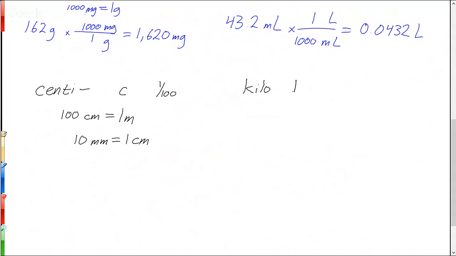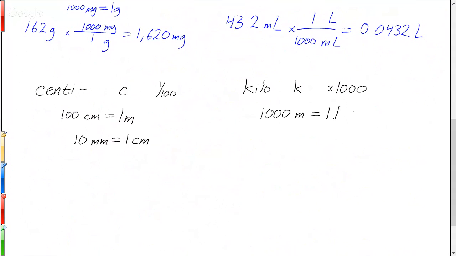Kilo, K, is a little bit different because it's larger. So rather than being a fraction of that regular unit, it's actually more of that regular unit. It's 1,000 of them. So there are 1,000 meters in 1 kilometer. I don't know why I wrote out the whole word there.